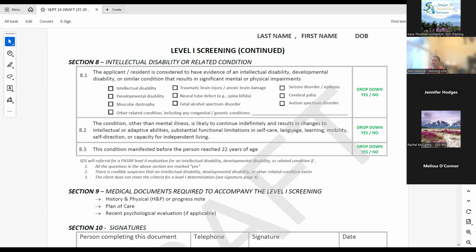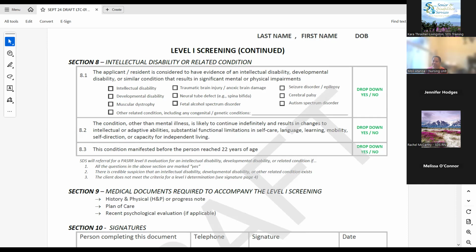You don't have to submit those documents with the screening form unless the person might have triggered a level 2, and you're notifying SDS that a level 2 evaluation needs to be requested or ordered. Then those documents would be required to help justify or support the outcome of the screening or the information that the screener found.